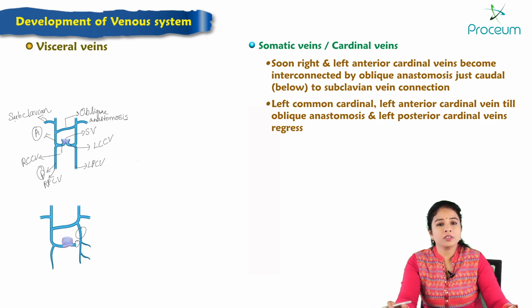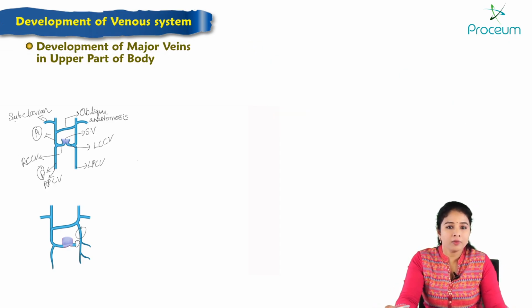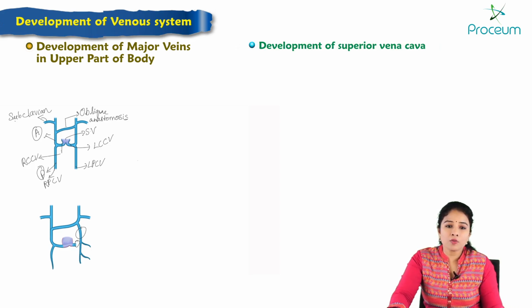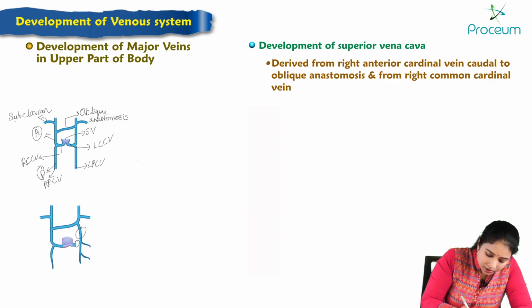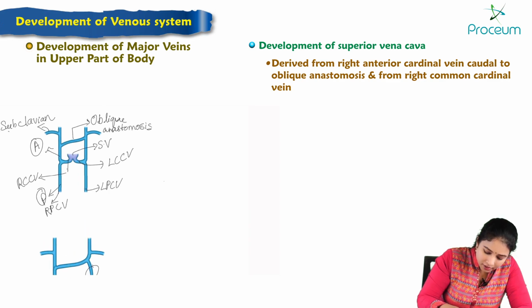Next, we shall learn about the development of major blood vessels in the upper part of the body. We shall start with the development of the superior vena cava. Superior vena cava is derived from the right anterior cardinal vein caudal to the oblique anastomosis. So, here is the right anterior cardinal vein.